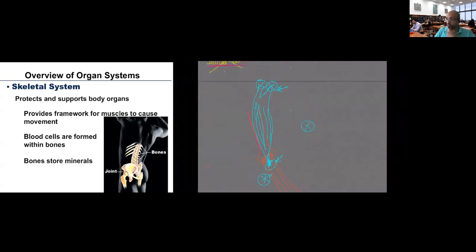Another very important function of your skeletal system, your bones, is that they act as a stored form of important minerals, and one of the most important of them is calcium. Calcium, as we're going to learn later on, is essential for you to have a normal cardiac contraction. For your heart to contract normally, you need to have normal blood calcium levels.